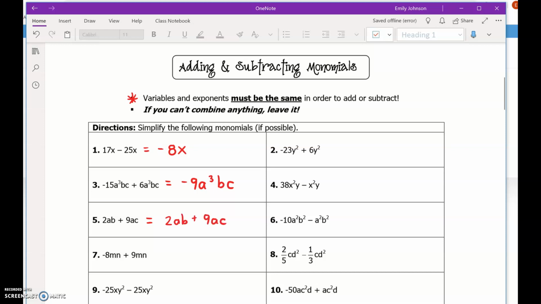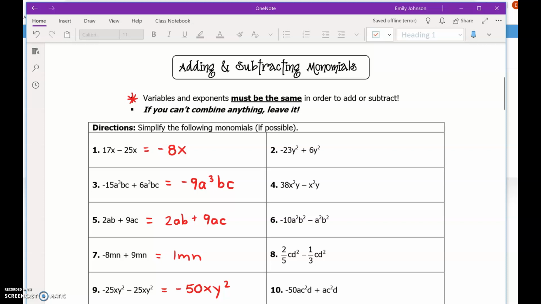I'm going to keep the answer the same. In number 7, you have mn, which they match, and so you can add -8 with 9, which would equal a +1mn. In number 9, be careful, it is not 0. -25 minus another 25 puts us further in the negatives at -50xy squared.